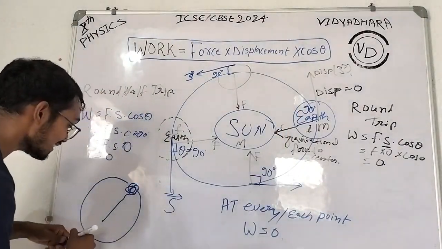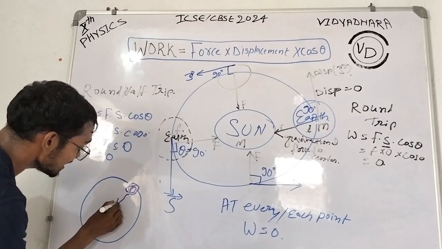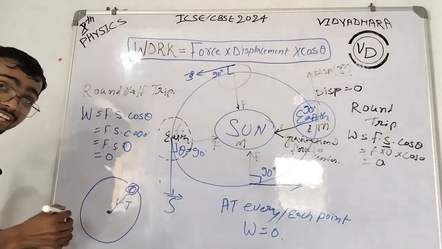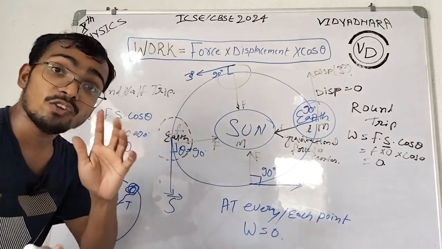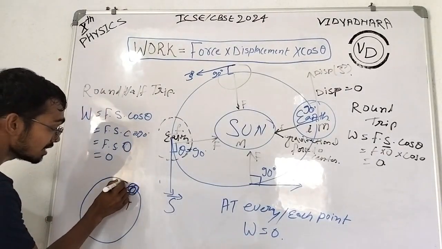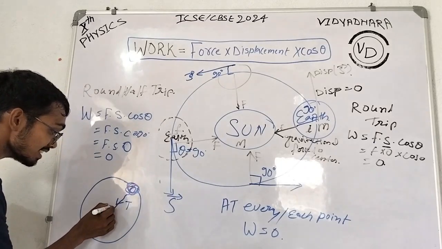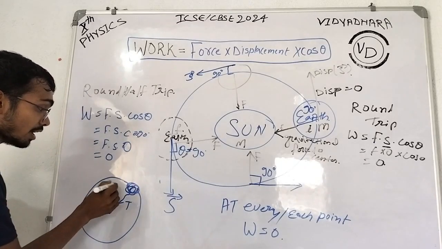What is the force acting towards? The force acting towards the center is the tension force. Tension force is always acting away from the point of contact. This is the point of contact where the stone is tied, and tension is acting like this.